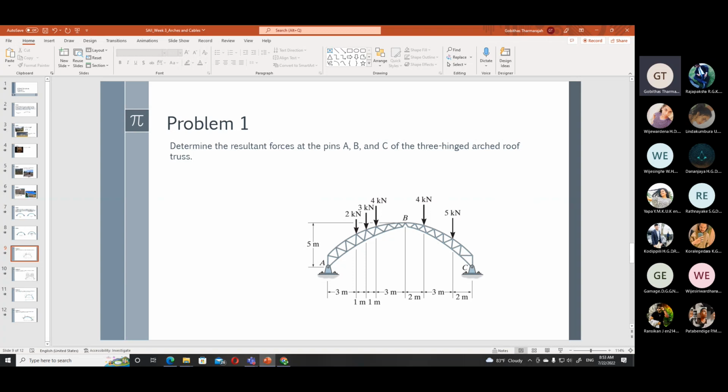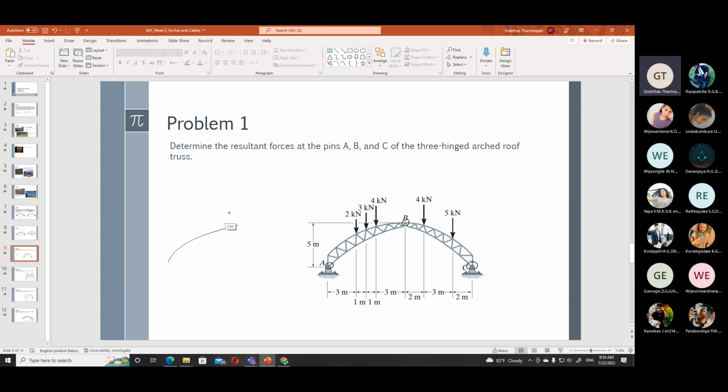Now let us see. If you take these forces, determine the resultant forces at pins A, B, C of the three-hinged arch roof truss. So here there's a hinge, here there's a hinge, here there's a hinge. You are asked to find the resultant forces at pins A, B, and C. You can do it in a simple way.